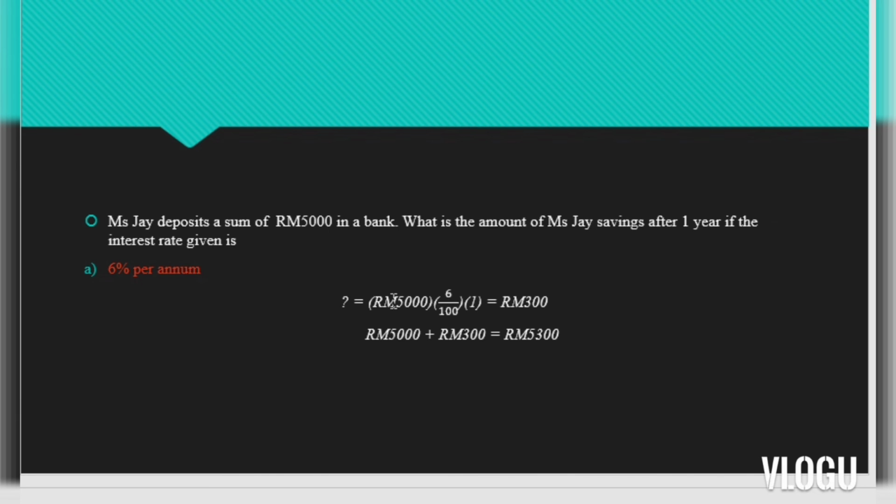So 5,000 ringgit is the principal times 6/100 interest per annum times 1 year, so we will get 300. After that, 5,000 ringgit plus the amount of interest, which is 300, so we will get the total of 5,300.